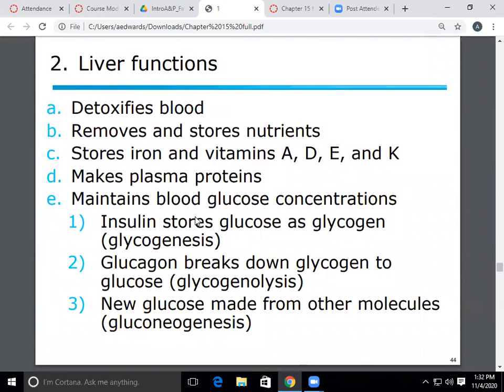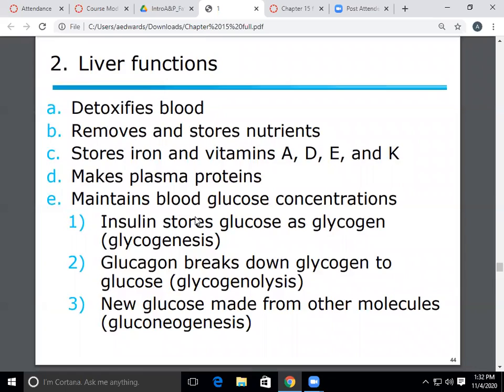So functions of the liver: detoxifying blood, removing and storing nutrients, storing iron, as well as vitamins like vitamins A, D, E, and K. Okay, these are typically the more fat-soluble vitamins. The liver helps make what we call plasma proteins.